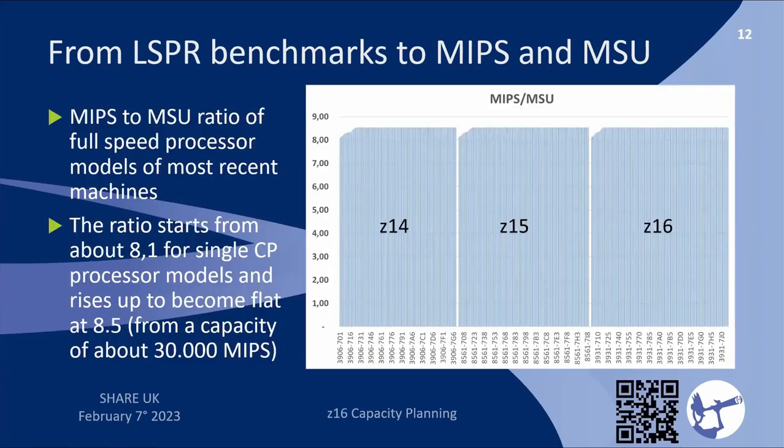Oh, this is another thing that I like. So these slides represent the ratio between MIPS and MSU in the last version of the hardware. And then again, you see that there is a slight difference when you are on small configurations, or small, eventually, from the IBM point of view. But when you have a situation where you have at least 30,000 MIPS installed in your place, then at that point, the ratio between MIPS and MSU becomes very constant.